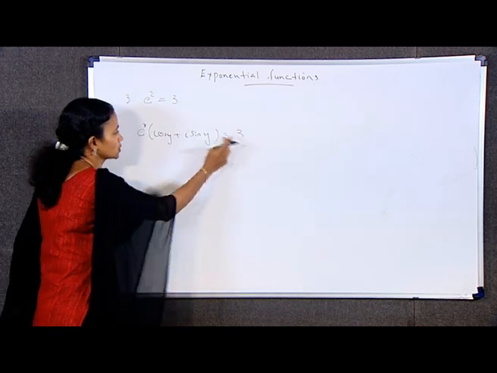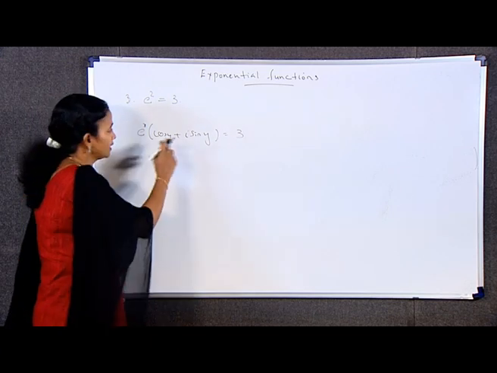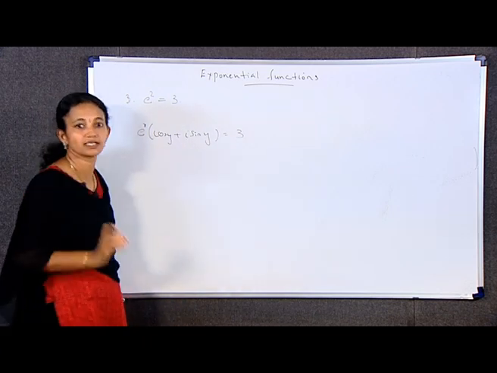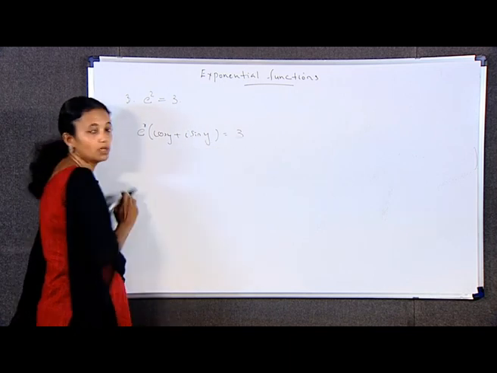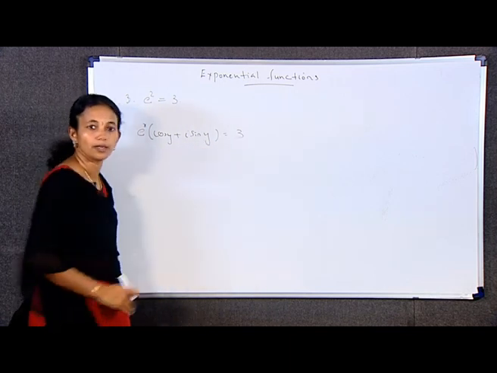e raised to x into cos y is equal to 3 and e raised to x into i sin y, that is e raised to x into sin y, our imaginary part, is equal to 0. That is, here we don't have an imaginary part.